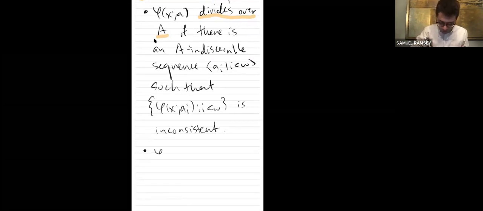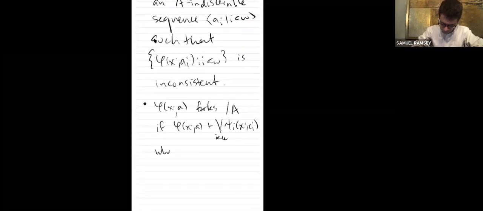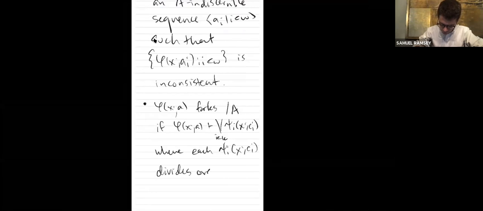More precisely, you say phi(x, a) forks over A if phi(x, a) implies some disjunction of formulas where each ci divides over A. So what does this say? This says that phi is contained in a finite union of dividing sets.